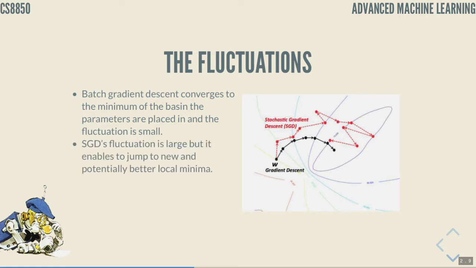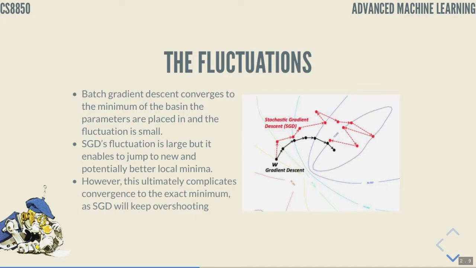But SGD fluctuations are large, so it may jump over. If one particular fluctuation at one particular step is large, what could happen is, say, if you started here, your batch will definitely end up here. But stochastic gradient descent, due to stochasticity, may end up in a better local minimum.